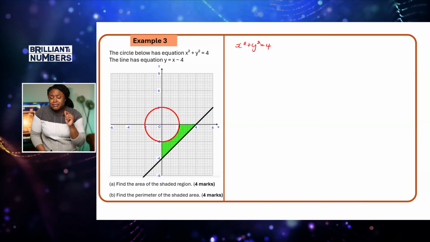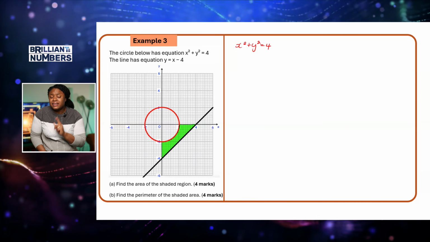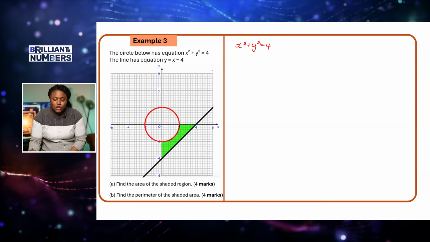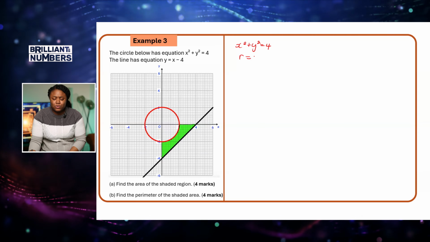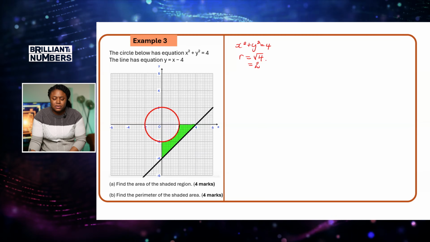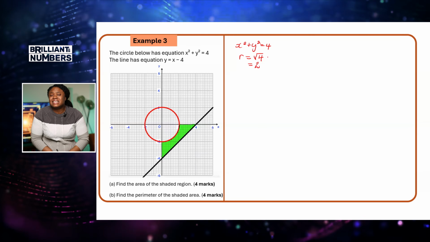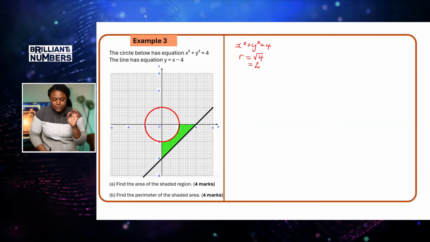So I can find my radius by doing the square root of 4 to find r. Very important. So let's find what our radius is. The radius then will be the square root of 4, which is 2. It's plus or minus 2, but as it relates to linear components, we always just take the positive value.